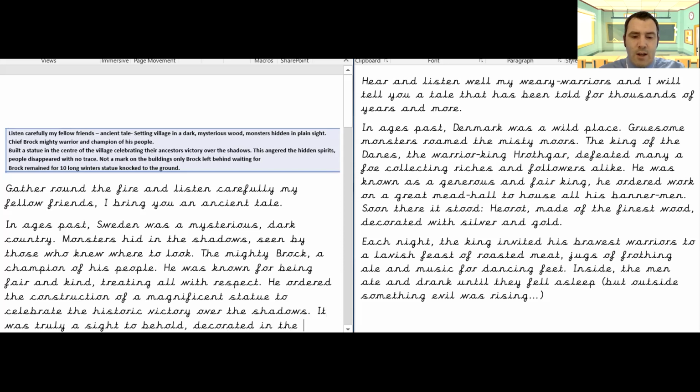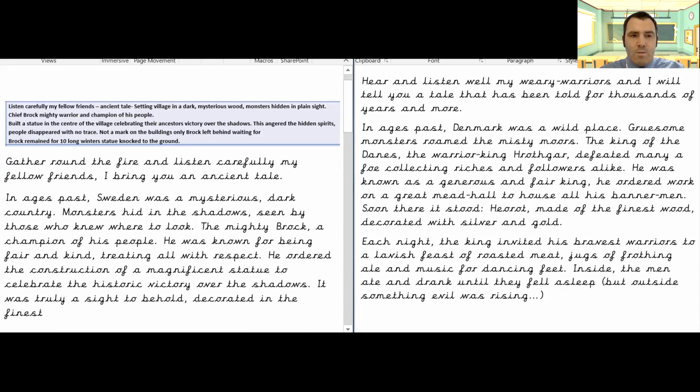Decorated in the finest, well, what could we have? Do we have it stone? Do we have it in gold? Ooh, we could magpie from our model text here. We got a description of Herod, made of the finest wood, decorated with silver and gold. So I've got, it was truly a sight to behold, but I've not said what it's made of. How about this?